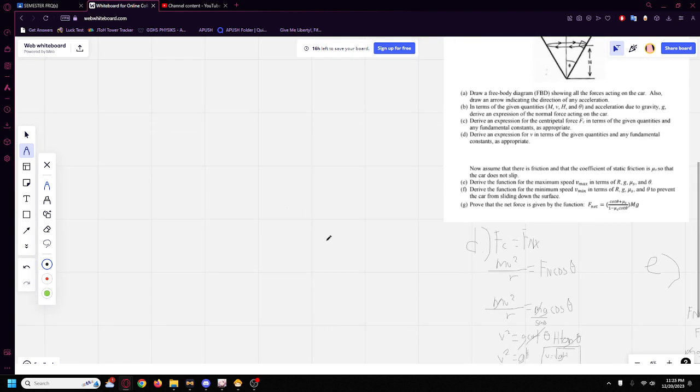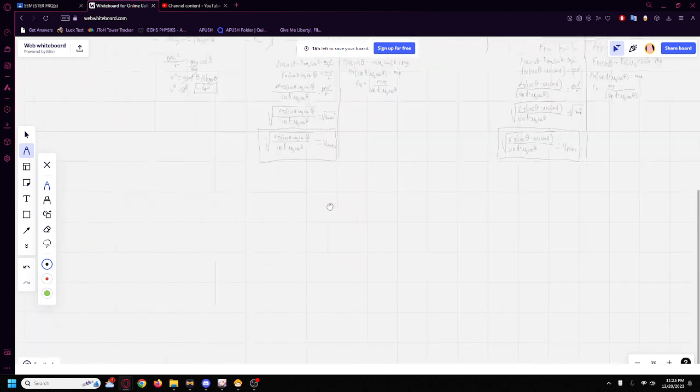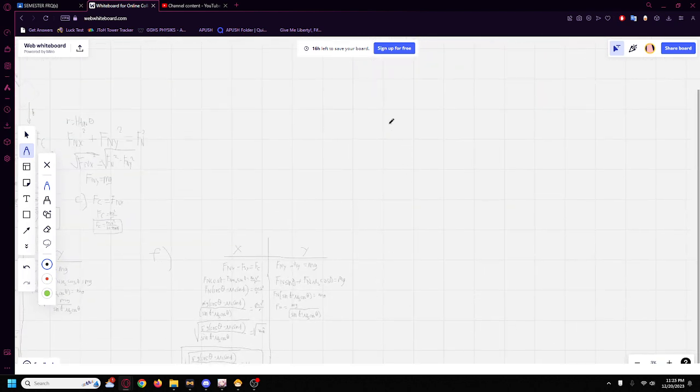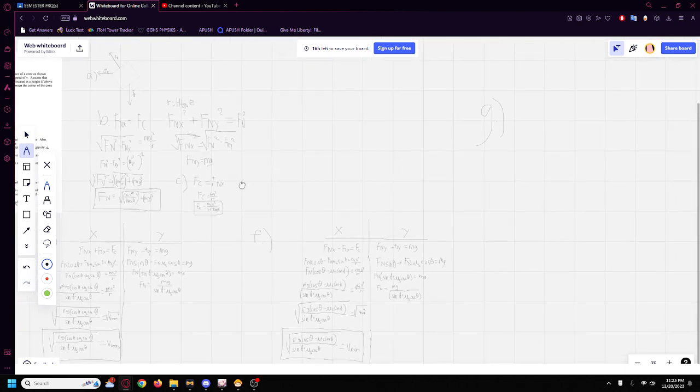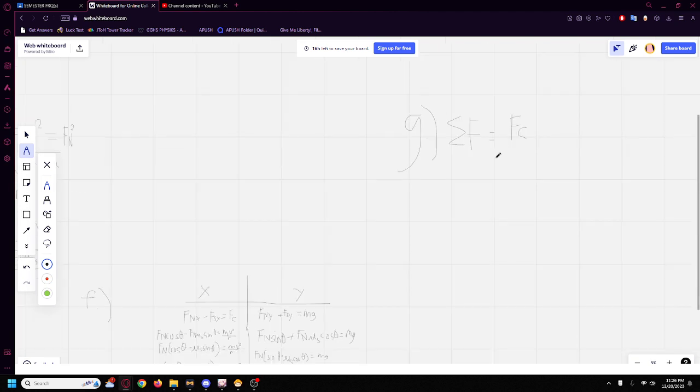Now for part G, we need to prove that F net is equal to that. So net force is equal to Fc. And net force is equal to mv squared over r.